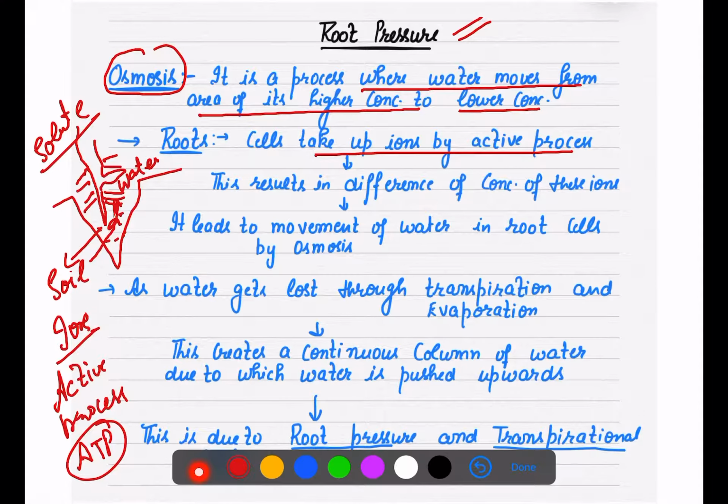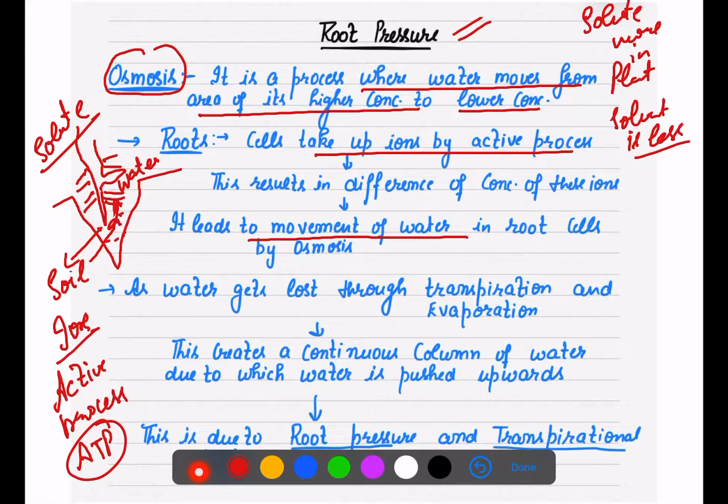सॉल्वेंट. सो जब सॉल्यूट इज मोर in the plant and solvent is less, it means water will move from the soil to the roots. So that leads to the movement of water into the root cells by osmosis.